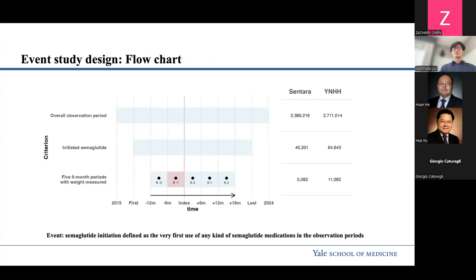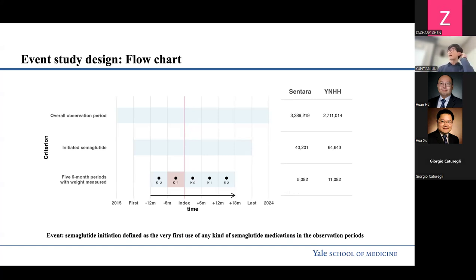So here's the flow chart for this event study. We begin with the electronic health record data, and then we go from 2015 to the end of 2024, and that leaves us with 3 million in Sentara data and 2.7 million in Yale New Haven Hospital.